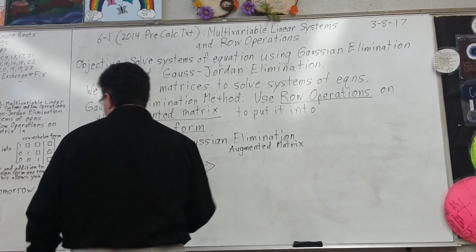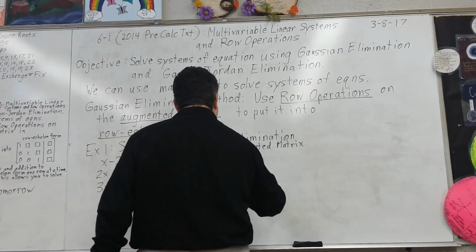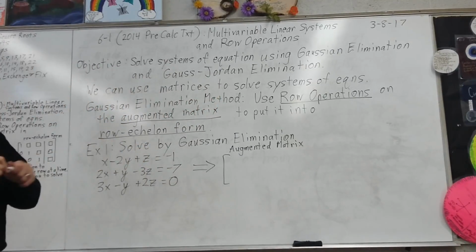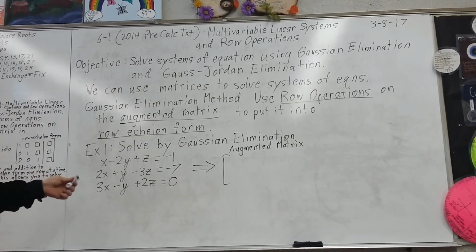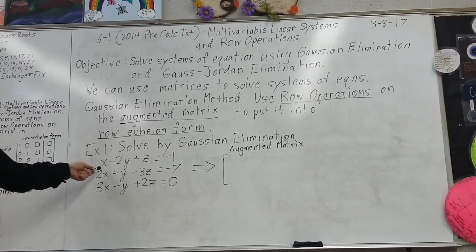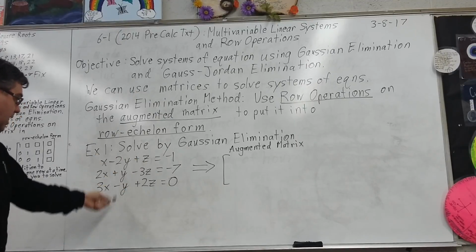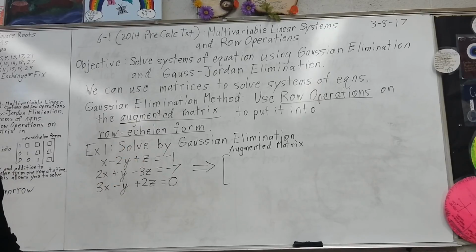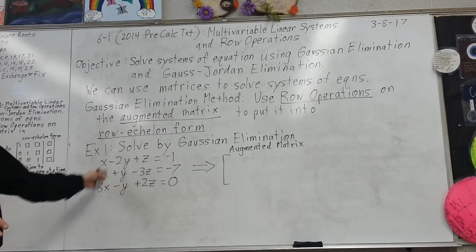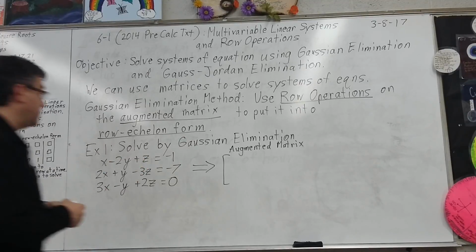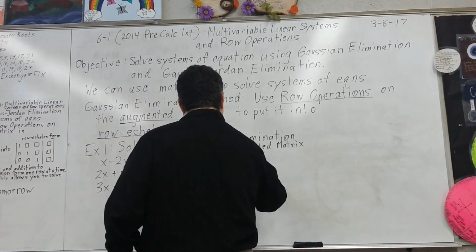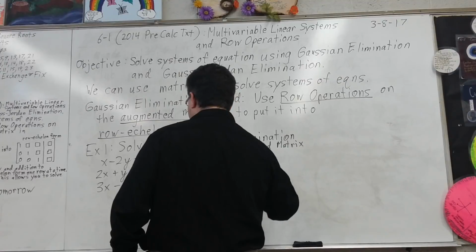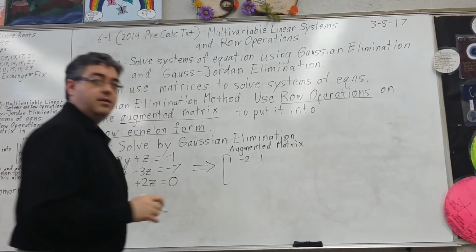So we're going to go from this to this augmented matrix form, and the way you do it is you have your x's, y's, and z's lined up. You've got to make sure they're lined up. In this case, they already are. And you simply put the coefficients. So this is 1, -2, and 1.